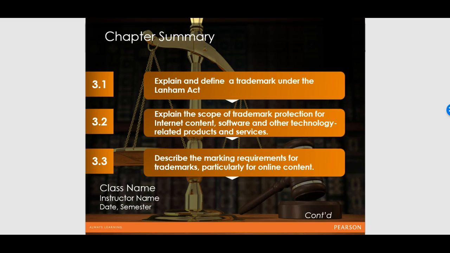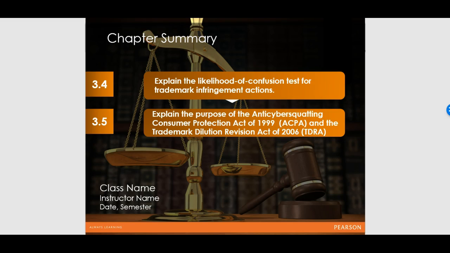So that's what I wanted to share with you about trademarks. We went through the definition, the scope, how we acquire a trademark, and then the registration process, what a trademark is, and then how we mark a registered trademark with the R symbol or those two statements, registered with the USPTO. And if a trademark is not registered, we can use the TM for a product trademark, or a company.